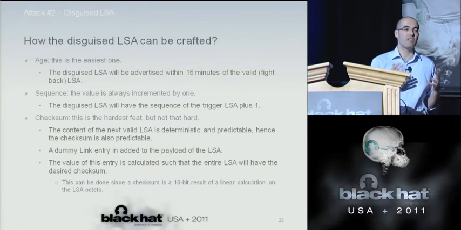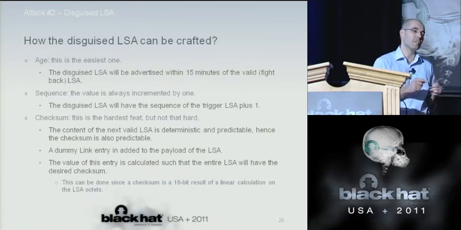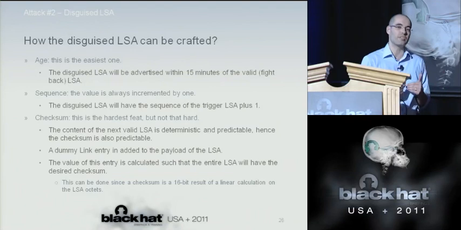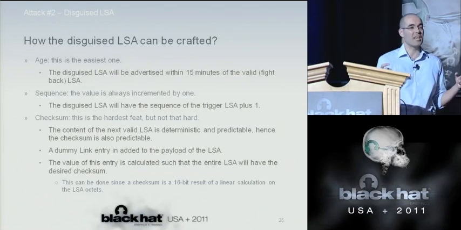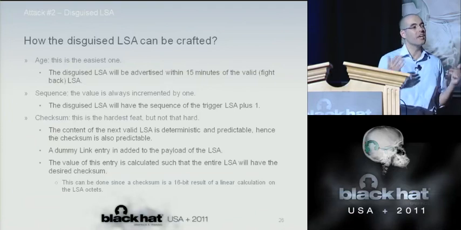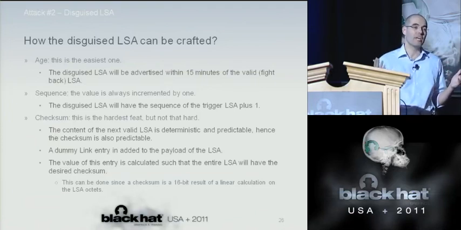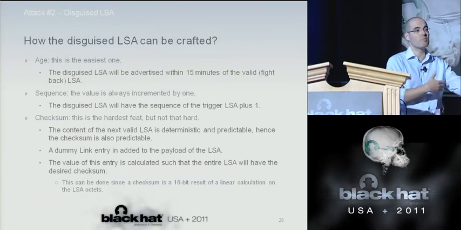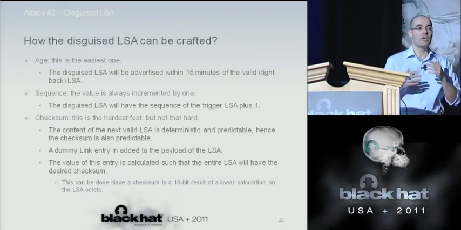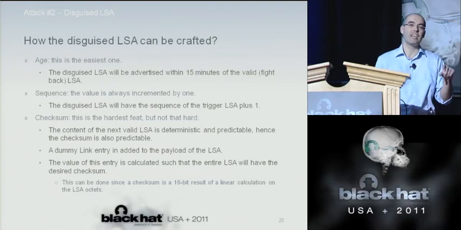Now, this can be done very easily, since remember, the checksum is only a 16-bit result of a linear calculation, and the link entry has some 64 bits of free bits that we can freely set to anything. So we can calculate backward from the target checksum what the desirable content of this dummy link entry is.